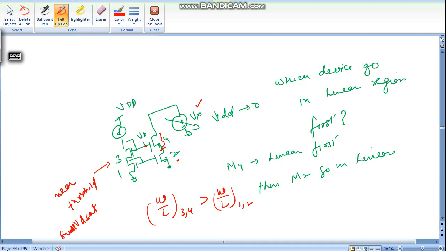And when we take a bigger size, it has a higher gm. Higher gm will give higher Rout, which is gm RO squared. So that's why we want to make these bigger.